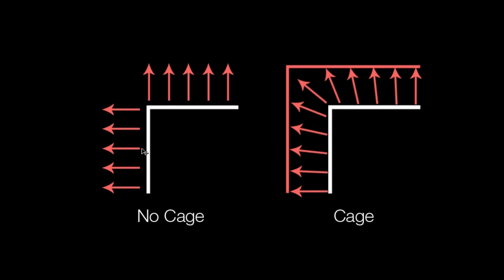These rays are getting shot completely perpendicular to these faces, but what happens is we find this big blank area in between both of those faces. And what a cage will do is it will average those rays so that it will shoot a ray in the direction of that corner.